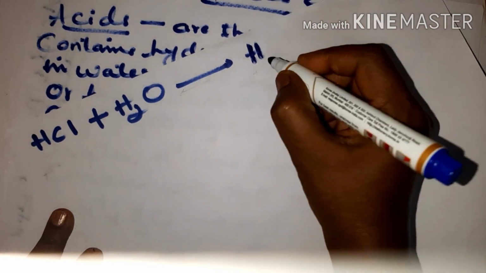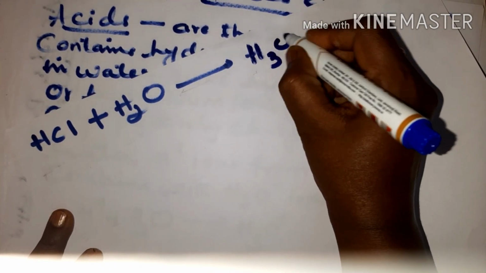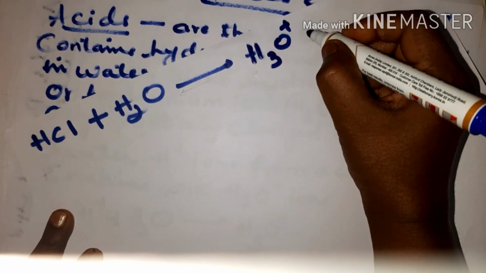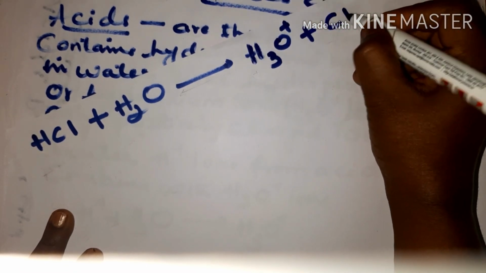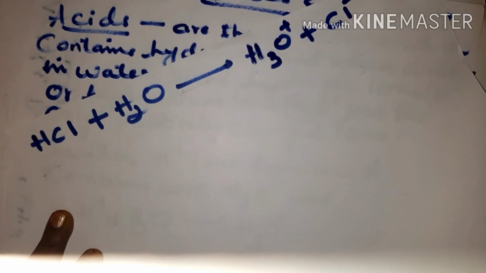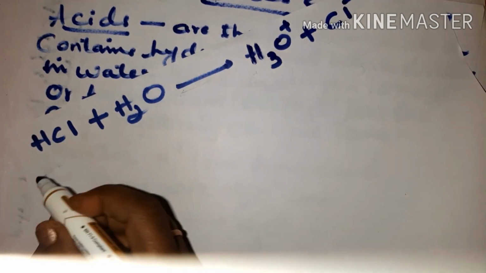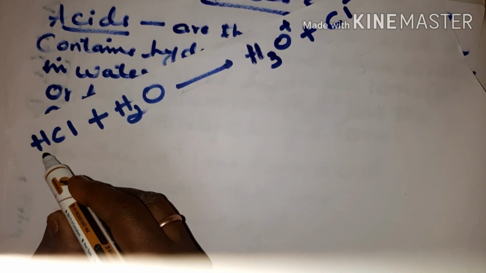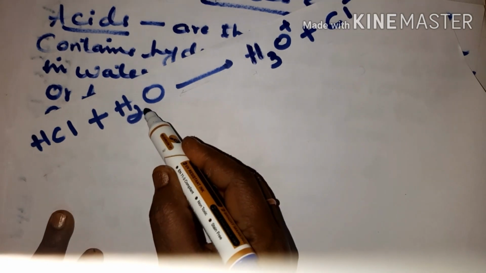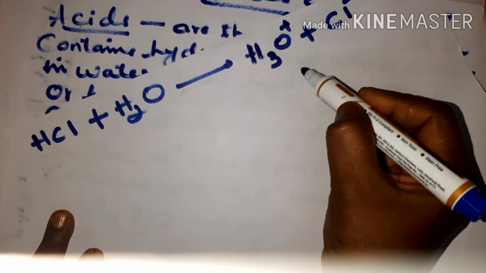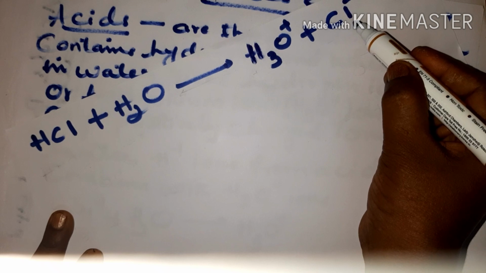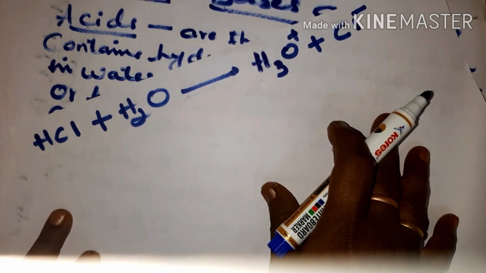When dissolved in water, you get hydronium ions along with the negative ion, that is chloride, negative. When acids are dissolved in water, you get hydronium ion along with the non-metal, that is, a negative charge.